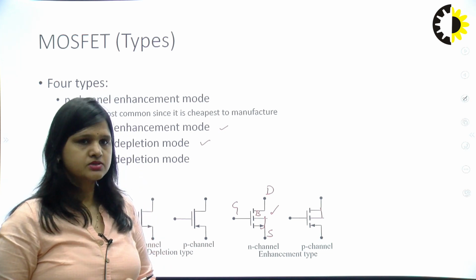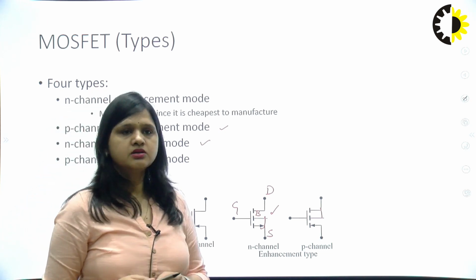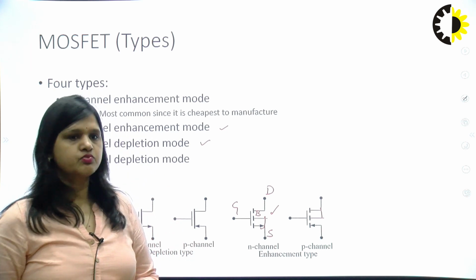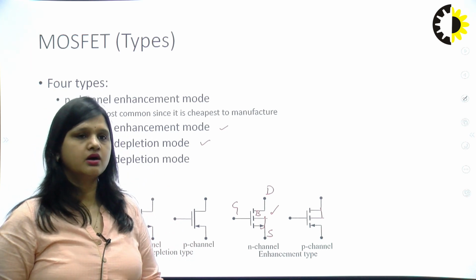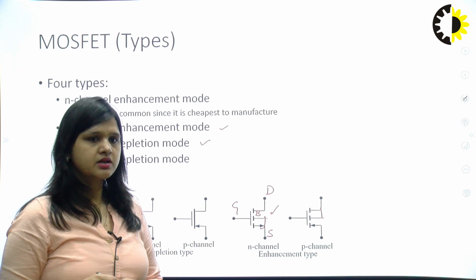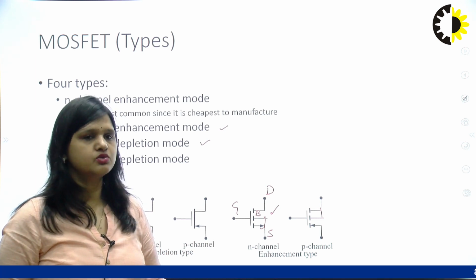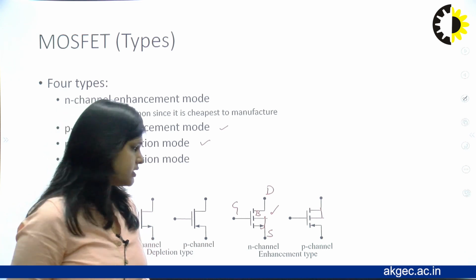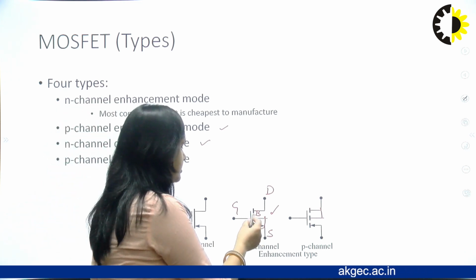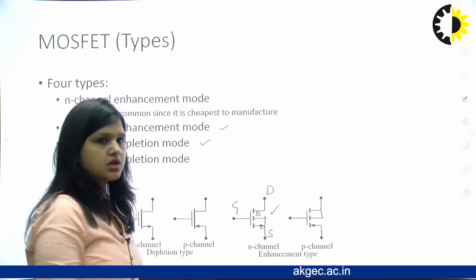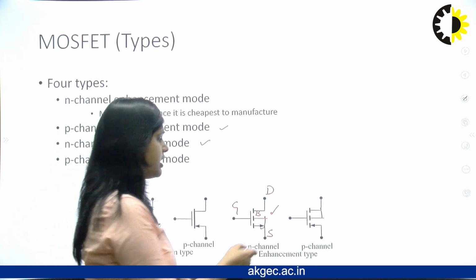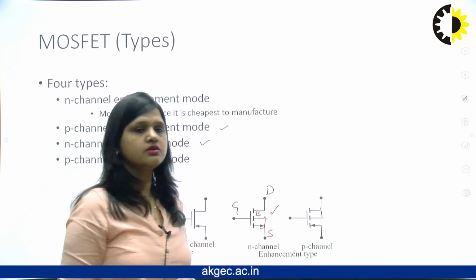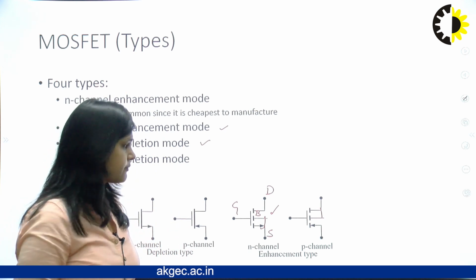Whereas for the PMOS transistor, the body terminal is always connected to the most positive supply of the circuit. In the circuit we generally take VDD as the most positive supply, so here the fourth terminal is always connected to VDD. The direction of current is like this: drain to source in case of N channel MOSFET, and source to drain in case of P channel MOSFET.